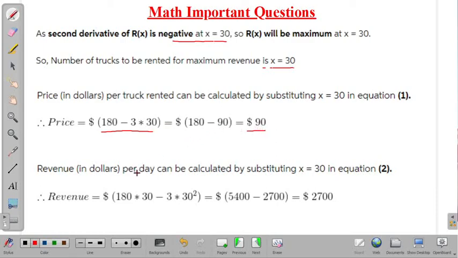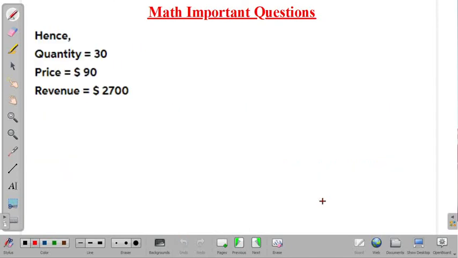Similarly, revenue can be calculated by substituting x equal to 30 in equation 2, and it will be equal to 180 into x, where x is substituted as 30, minus 3 into x squared, and we will get $2,700. So we can summarize the result as: quantity, that is, number of trucks, is 30, price is equal to $90, and revenue will be equal to $2,700.